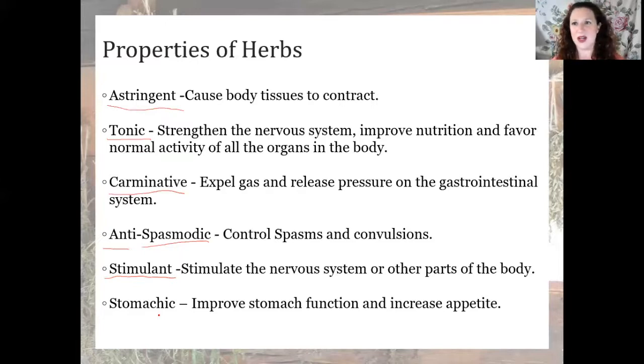Any type of soda with caffeine in it is a stimulant. And a stimulant is something that stimulates the nervous system or other parts of the body. It gives you energy, it gives you stamina. Some stimulants are stronger than others. Coffee is a pretty strong stimulant. What we're going to talk about today is a slightly milder stimulant.